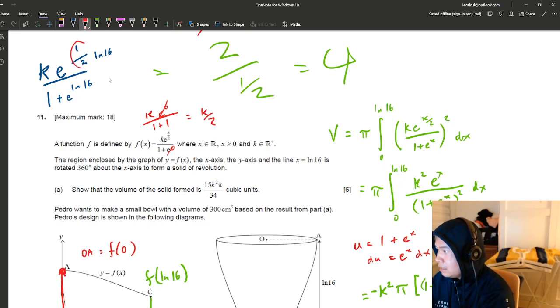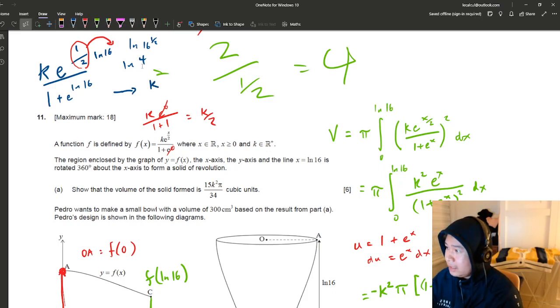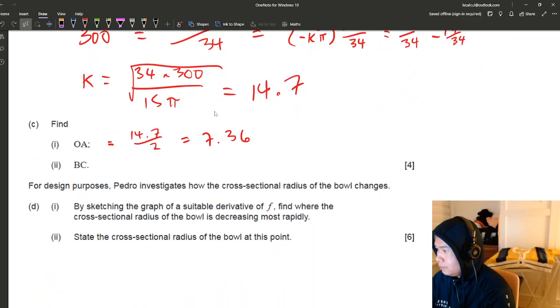So I'm going to just use a little bit of log rules to bring it inside, so that I'll have natural log 16 to the power 1/2, which is natural log 4, which means that I have k times e to the natural log 4, which is just 4, so this is 4k, and then divide by 17, because this part's going to be 16, so 1 plus 16 is 17. 4k over 17.